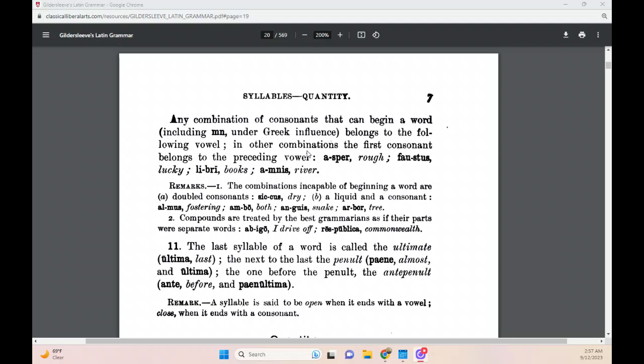Any other combinations of consonants in a word will be divided. The first consonant will belong to the first syllable, and the second consonant will belong to the second syllable. Okay, so any combination that can begin a word, combinations that we call blends in reading class, we call them blends because they're almost like diphthongs that are consonants.